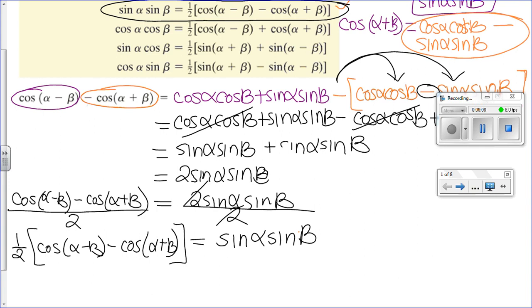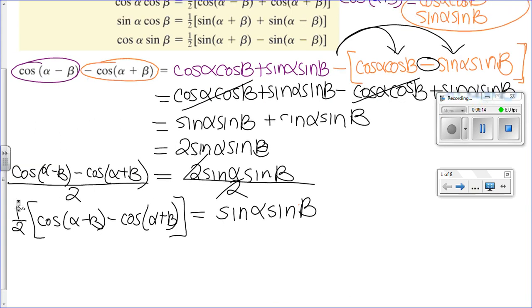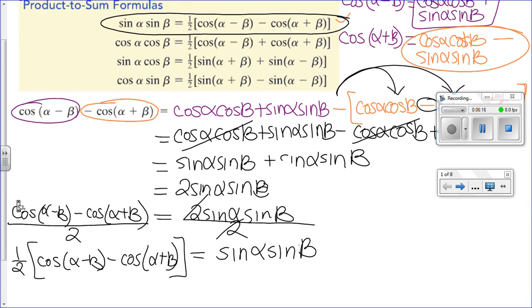Then you can see that it's formula number 1, which we have there. Of course, sine alpha, sine beta is on the other side, but we know that is okay. They're still the same thing.